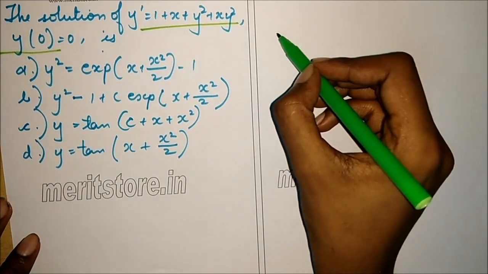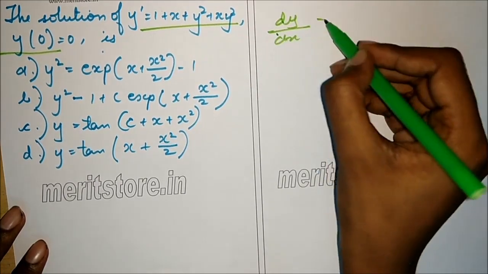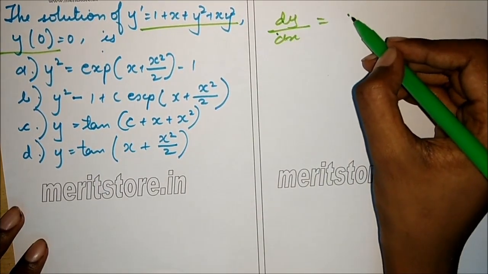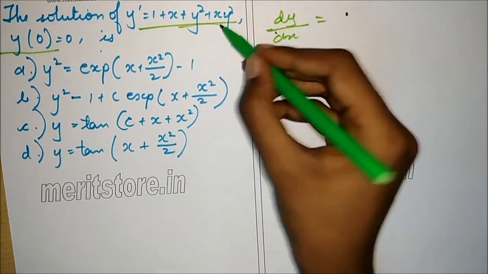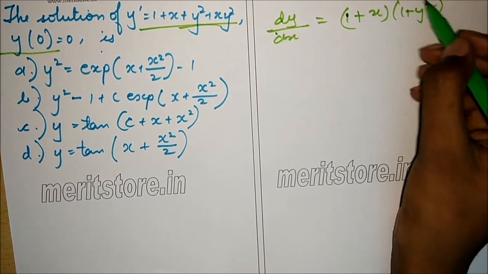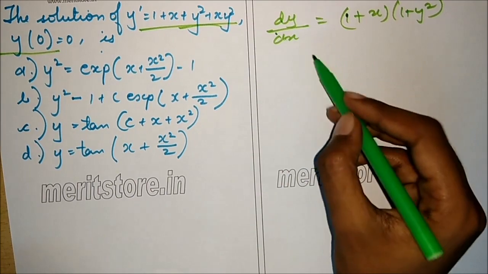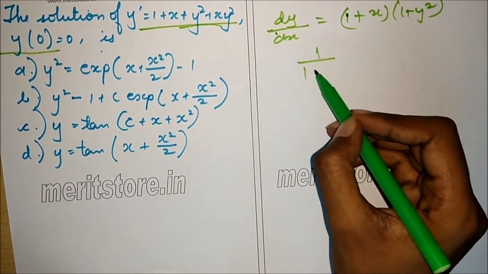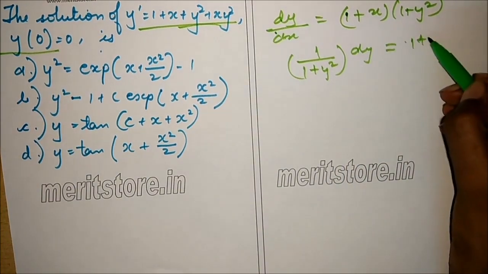So given is y dash, which can be written as dy by dx, so this will be dy by dx is equal to, now we can write this term as 1 plus x into 1 plus y square. We factorized it. Now we shuffle the terms, that is separate x and y terms. So 1 by 1 plus y square into dy is equal to 1 plus x into dx.